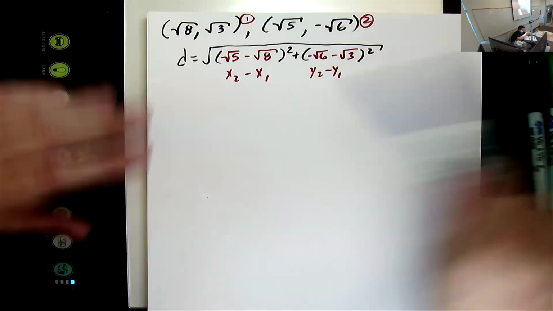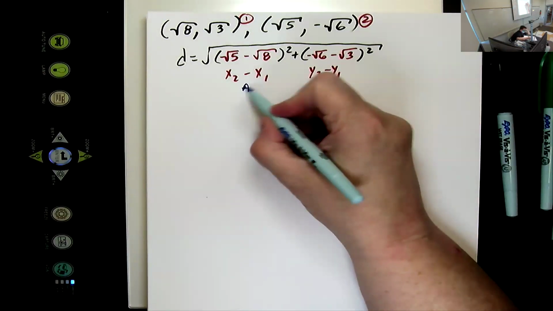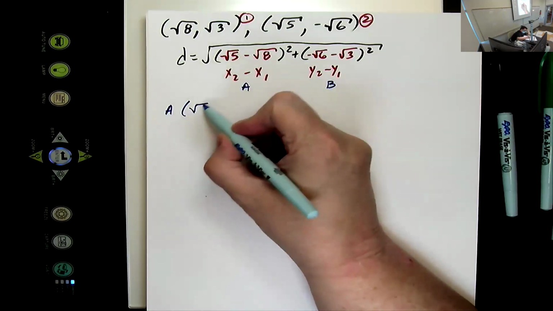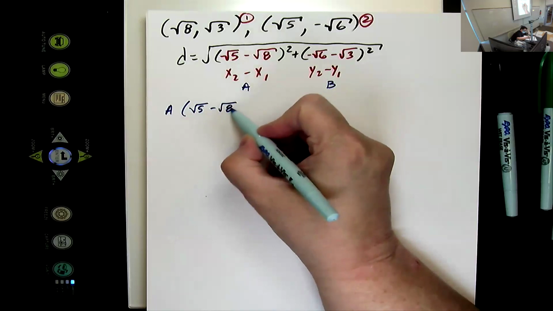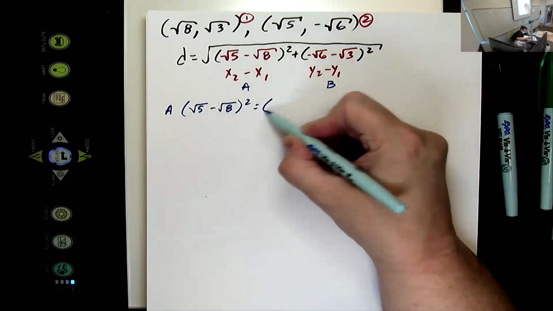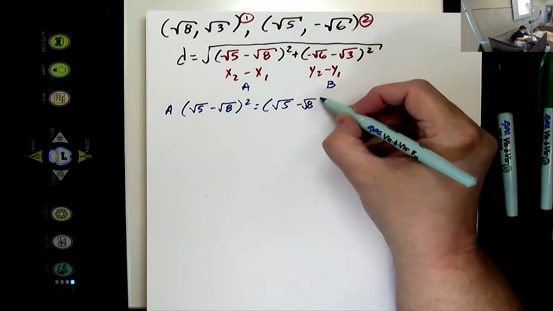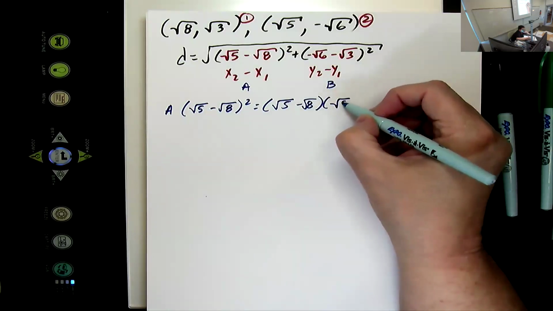All right, so let's do these separately. Let's call this A and let's call this B. So A, we've got square root of 5 minus square root of 8 squared. That's not just doing each one squared individually. We've got to distribute this.